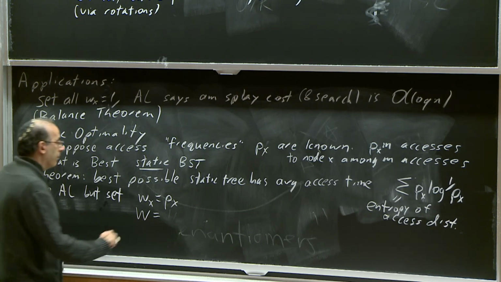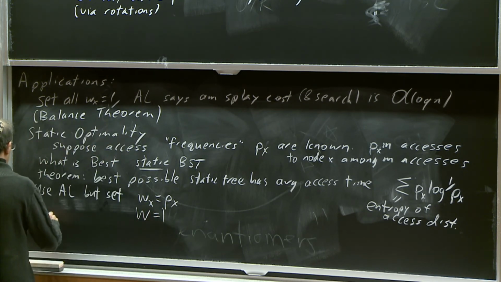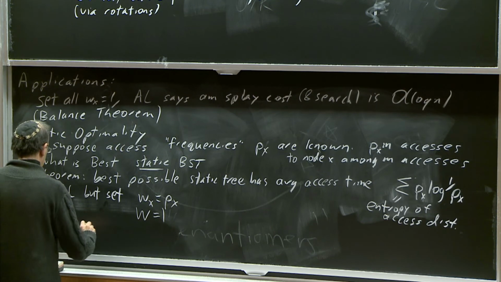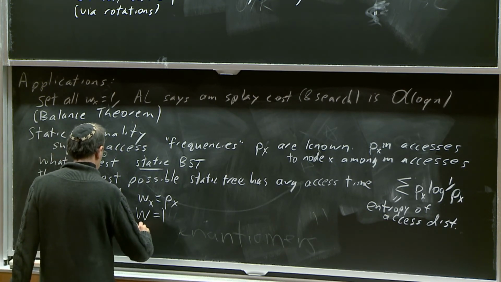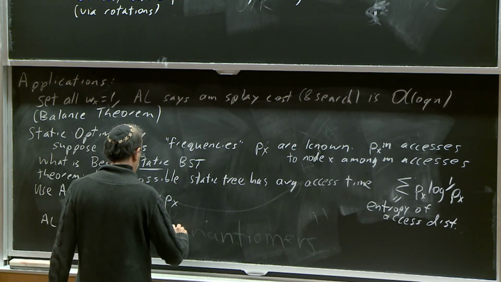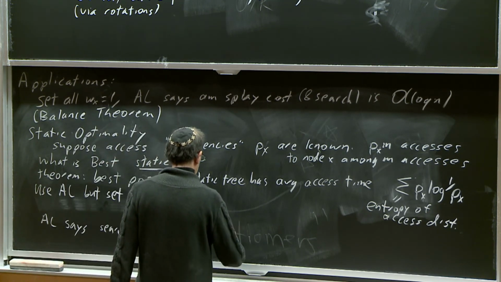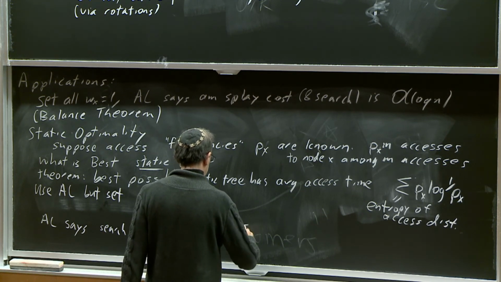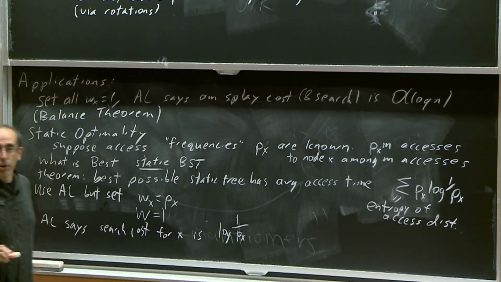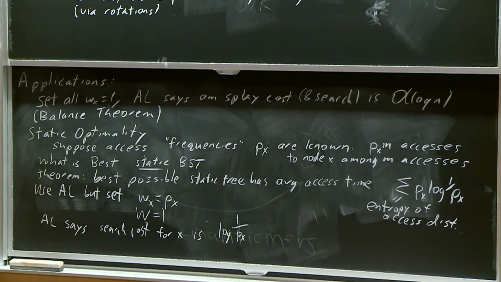It's just 1, right? Now the access lemma says that the splay and search cost for x is the log of w over w sub x. In other words, it's the log of 1 over p sub x.